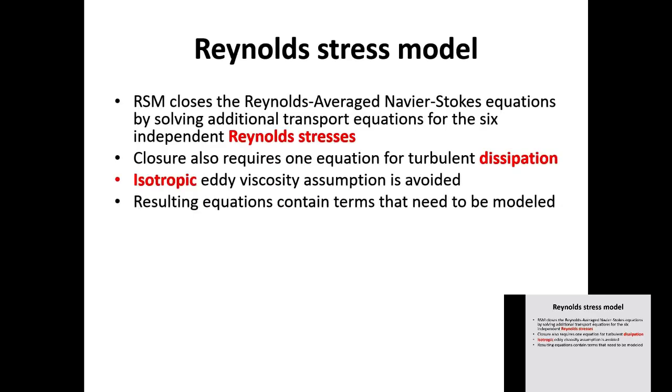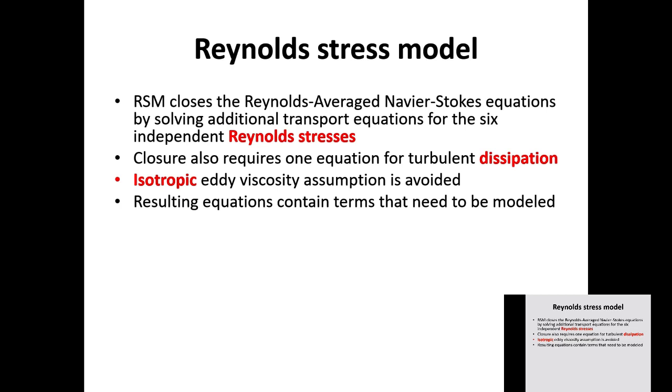Then you have what you call the Reynolds stress model. For the Reynolds stress model, you need to solve 6 independent Reynolds stresses for the transport equation, and so you need closure for the turbulent dissipation. What is meant by closure is, when you have a set of equations, you need to have a solution.